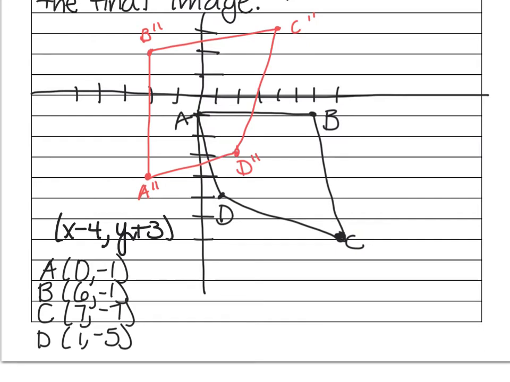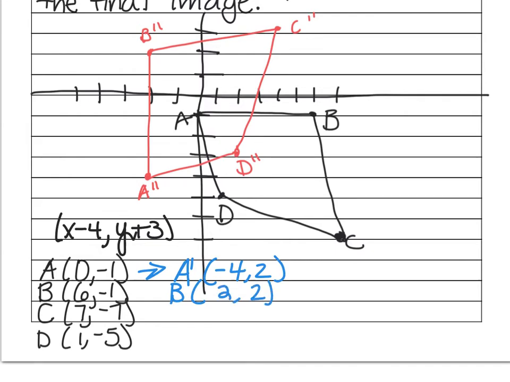So if you remember when doing that, you are going to add or subtract depending. Here we're going to subtract 4, so my A prime is going to be negative 4, 2. And my B prime is going to be 2, 2.